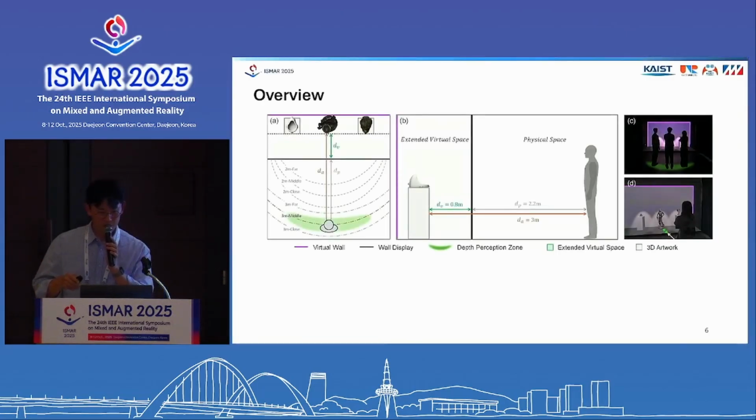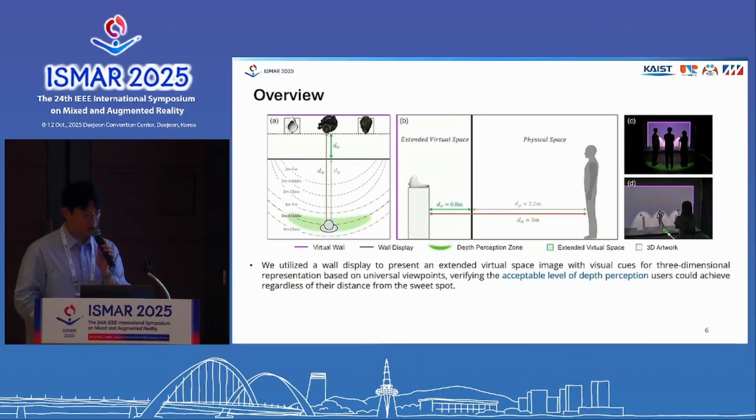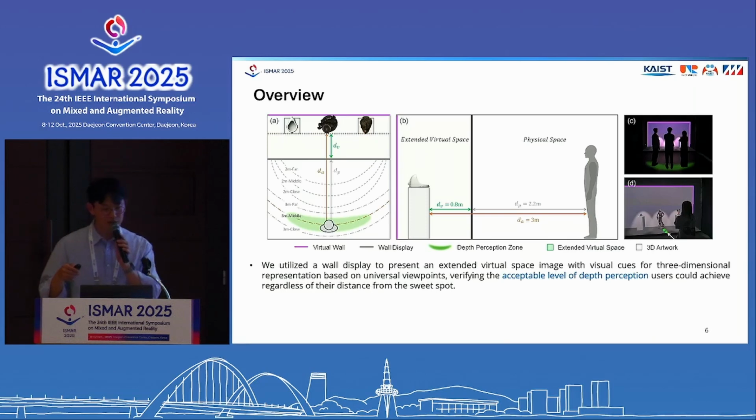The overview is that we utilize a wall display to extend a virtual space image with visual cues for a three-dimensional representation based on a universal viewpoint, which means we assume participants are located at the center of the screen. We try to verify the acceptable level of depth perception users could achieve regardless of their distance from the sweet spot.